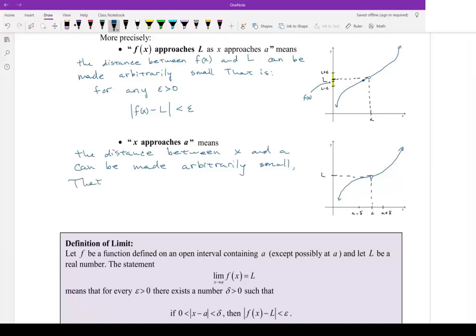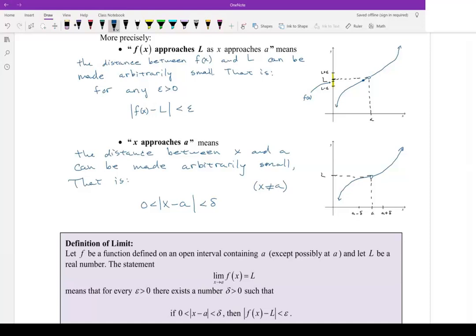That is, we can say that the distance between x and A is less than some positive number delta, and we're also going to say greater than 0 because we don't want x to equal A. So I'll just put over here x cannot equal A because we might have a hole there.